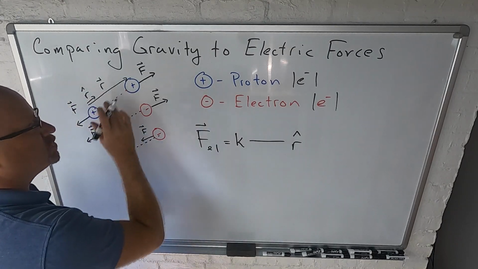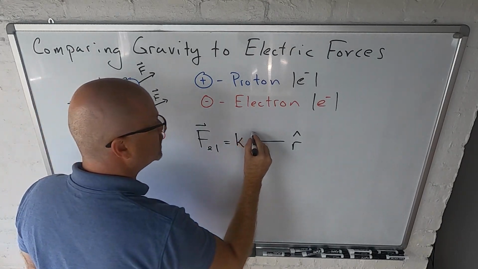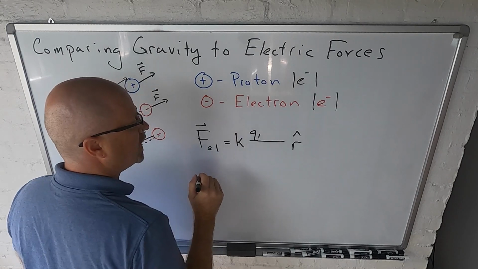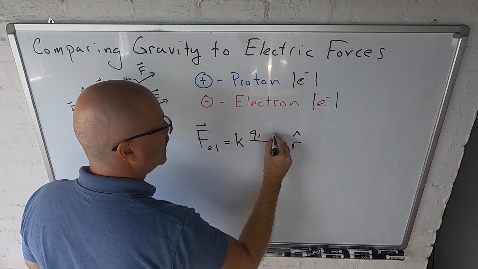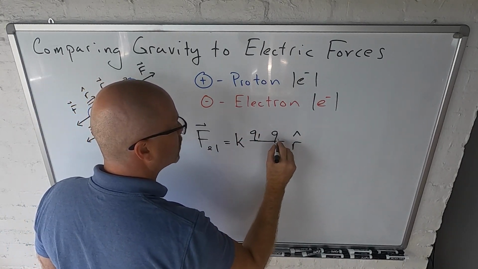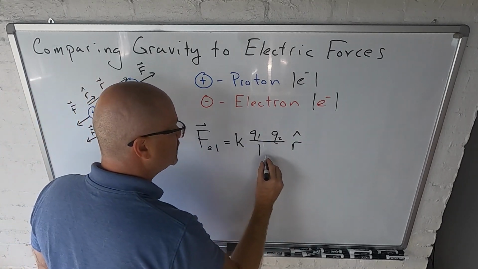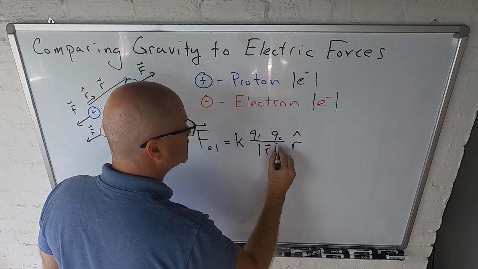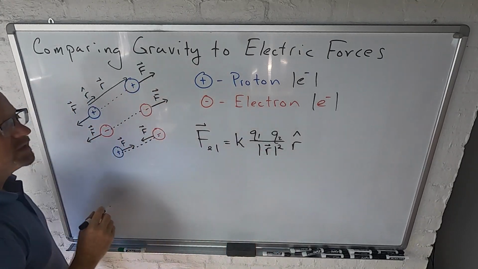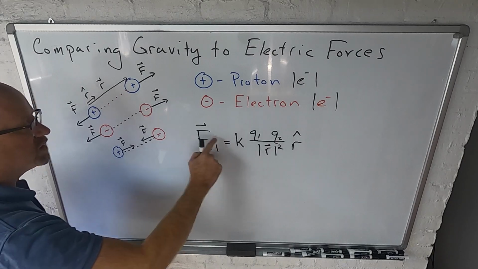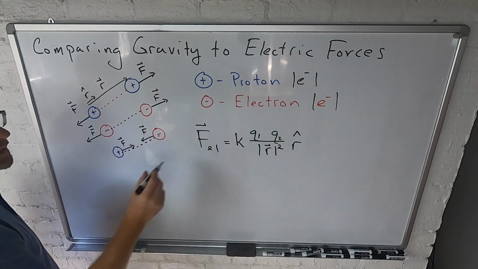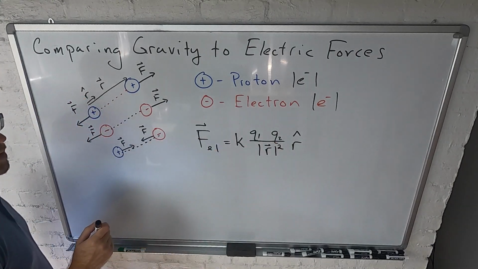And there are two things that we have to consider. One is the charge of particle 1 and its sign, and the charge on particle 2 and its sign. Additionally, we have to always consider the distance that they are separated, and that distance squared will give the proper force relationship between these two charged particles.